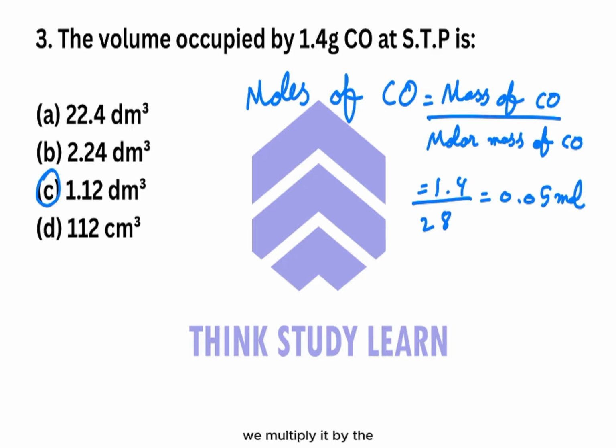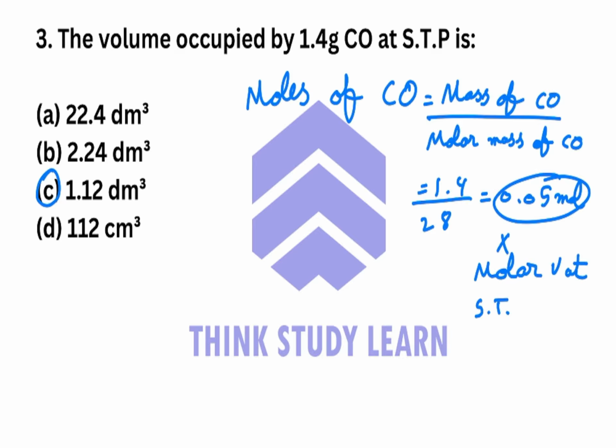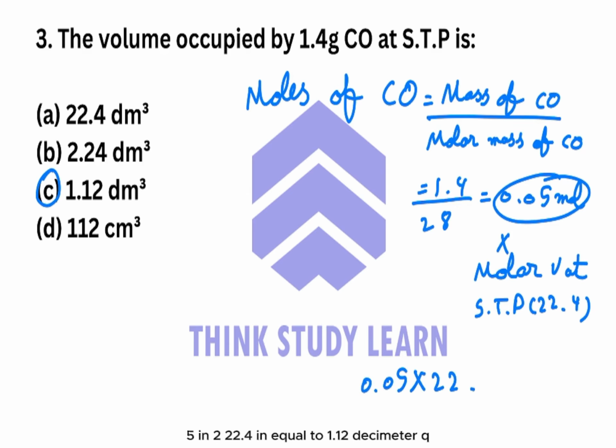Now we multiply it by the molar volume at STP, which is 22.4. So we will get 0.05 into 22.4 is equal to 1.12 decimeter cube. Hence, option C is the correct answer.